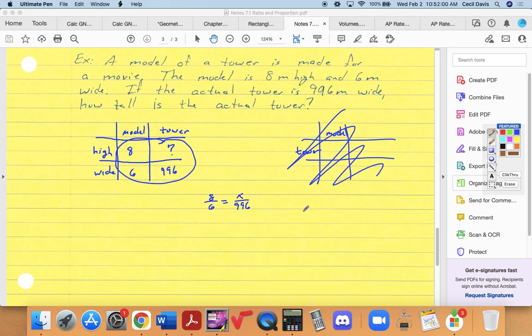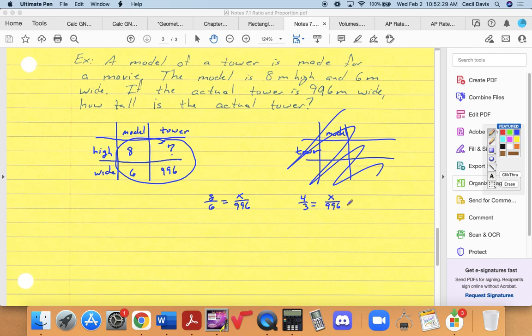No, but that's the setup. Again, I always reduce before I cross multiply. So that's going to be 4 over 3 equals x over 996. Then if you want to, you can further simplify it, or you can just go ahead and cross multiply.